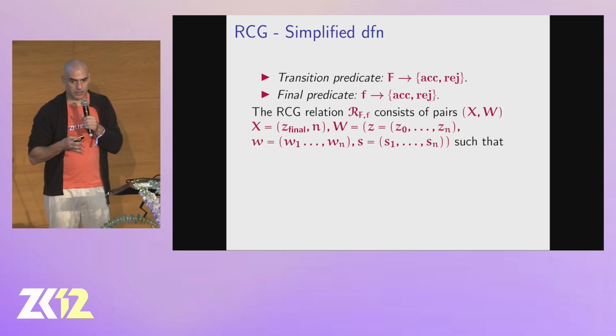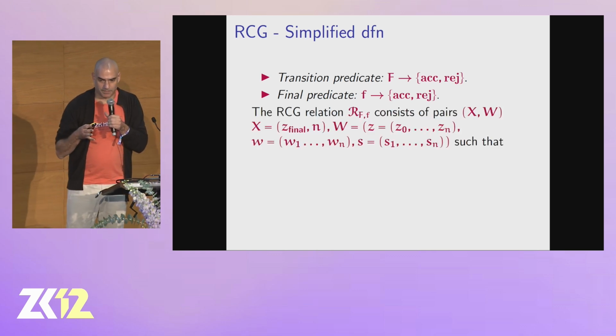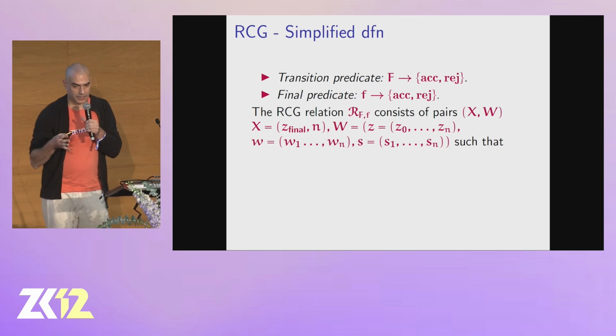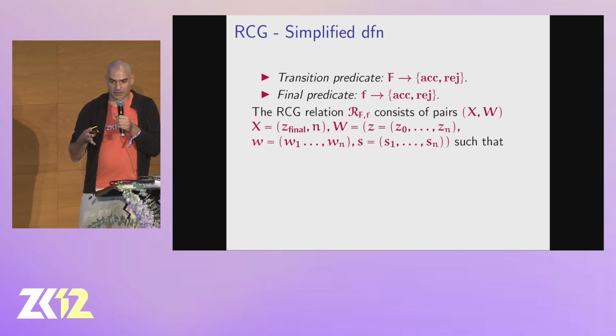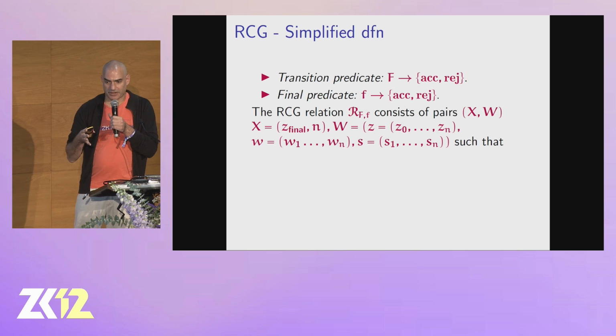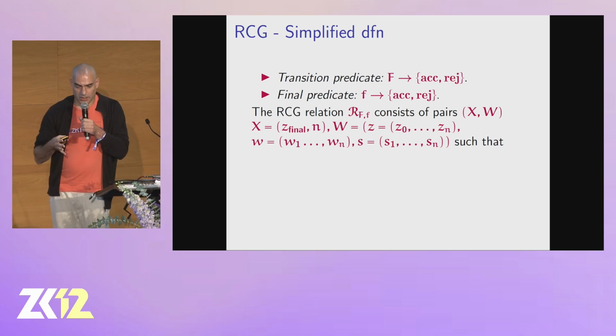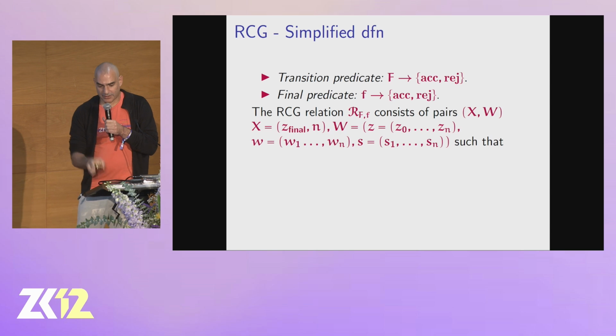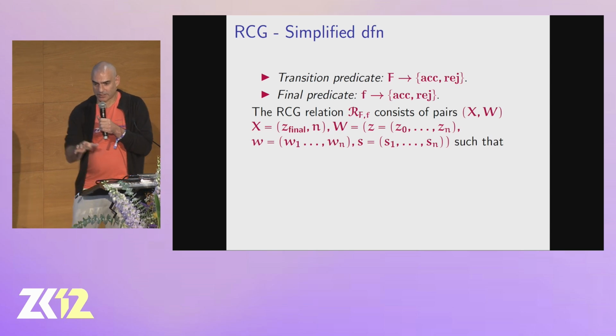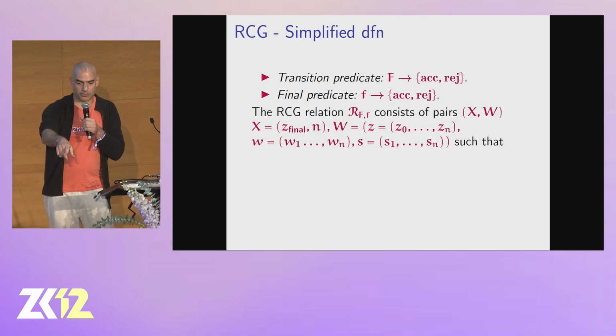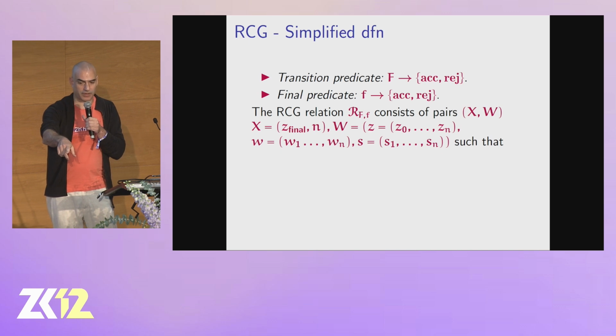And now we're going to say these transition and final predicates define the relation of pairs (x, w), where x, so what is x? x contains the final state, sort of, z final, and the number of iterations n.